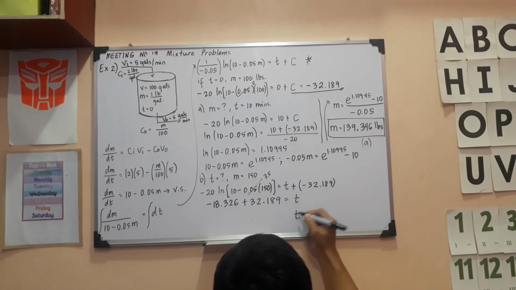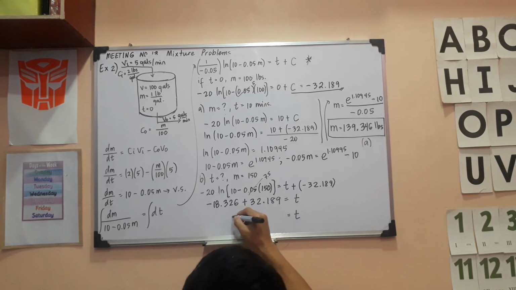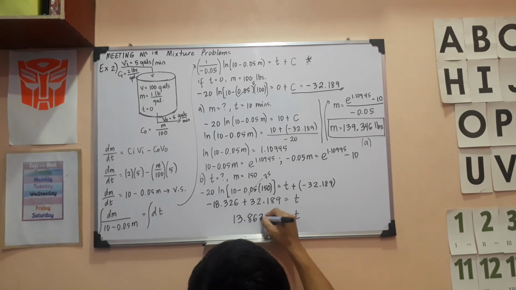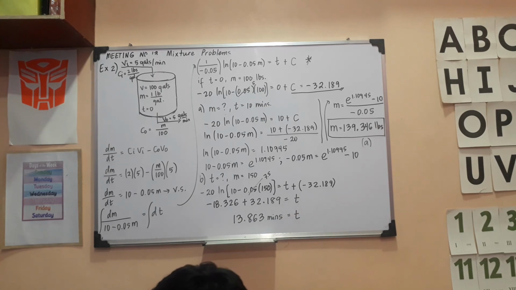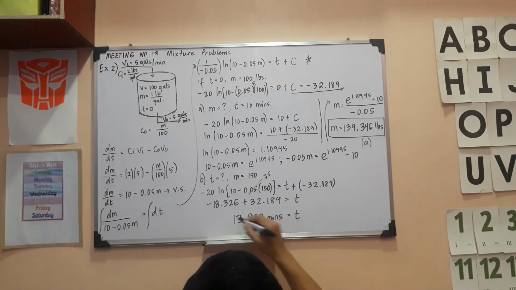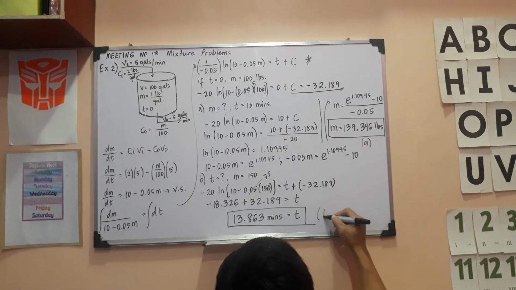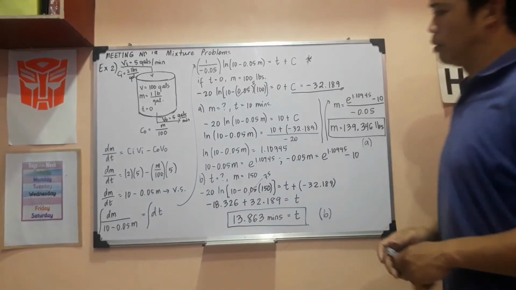And therefore, t is equal to 13.863. Ano unit ng time? Of course, that is minutes. So, check natin kung tama tayo. Tama. So, box for letter B. Naka-indicate, ha? Yan. So, yan yung ating example regarding on mixture problem. Okay?